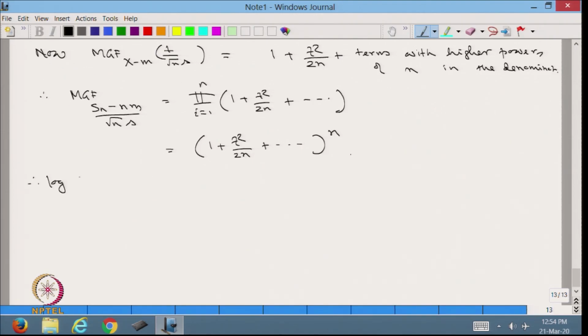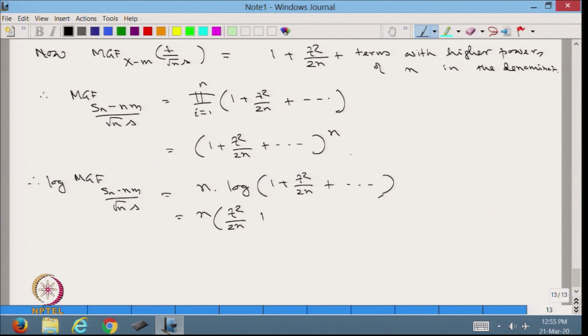Therefore, log of the MGF of Sn minus Nm upon root over Ns is equal to n times log of 1 plus t square upon 2n plus terms with higher powers of n in the denominator, which is equal to n into t square upon 2n plus higher powers of n in the denominator.